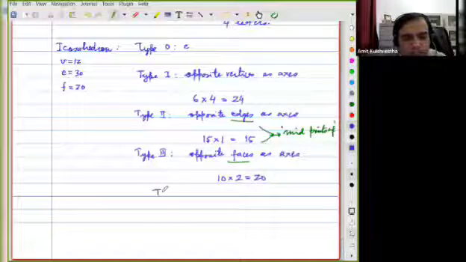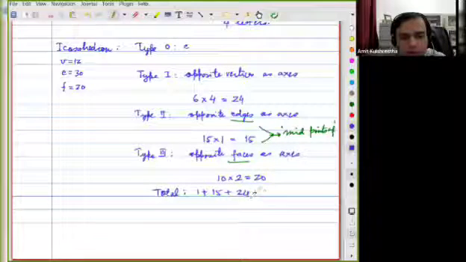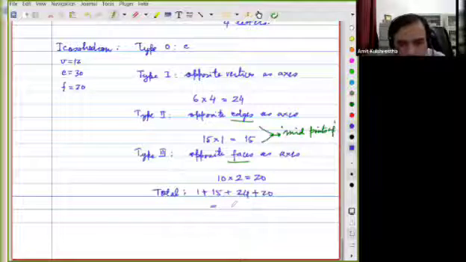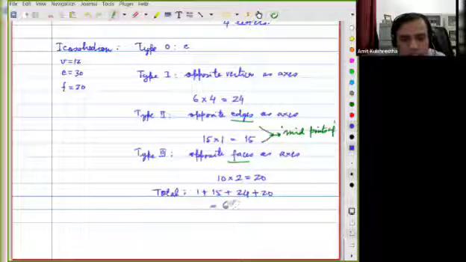And you try to observe that there is nothing else. And how many total are there? So 1 plus 15 plus 24 plus 20. 15 plus 24, 15, 16, 16 and 24, 40 plus 20 is 60.